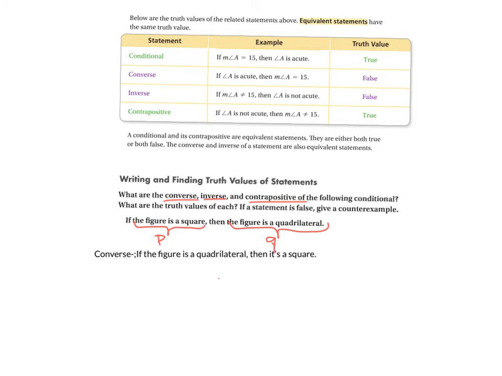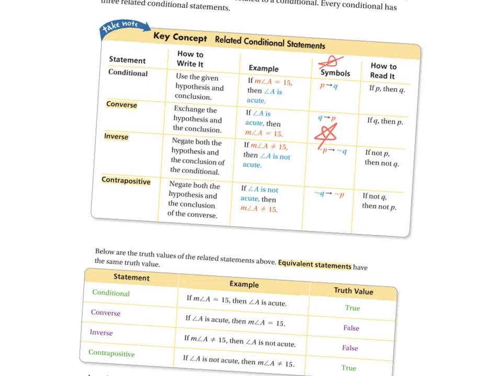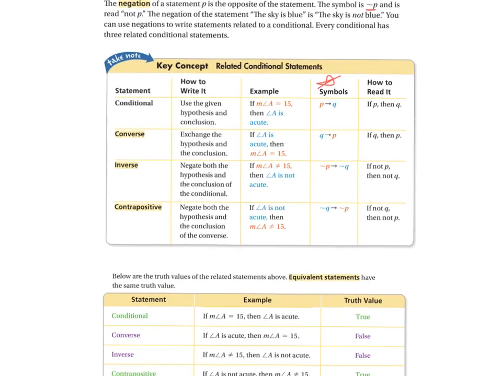Okay, the inverse is going to be, let's go back to our chart. The inverse is when you don't switch them, and you use the negation. So if not P, then not Q. Sorry, this is kind of crazy. Okay.